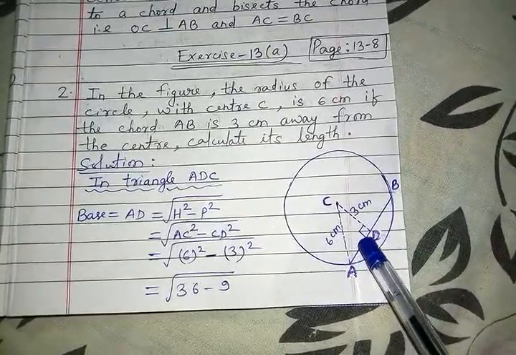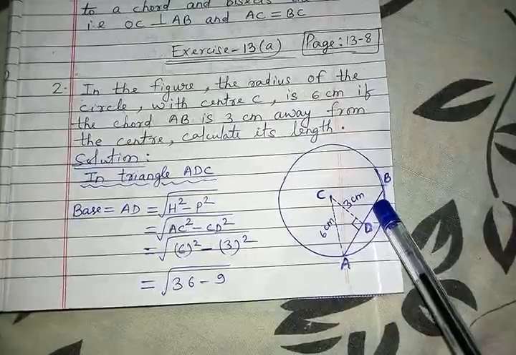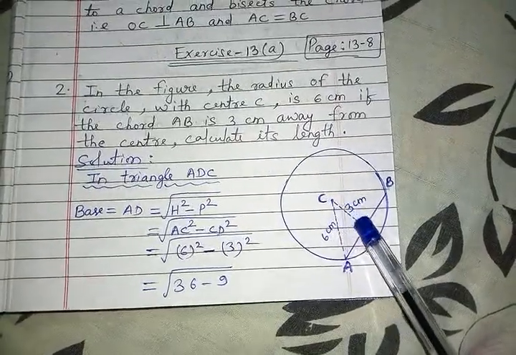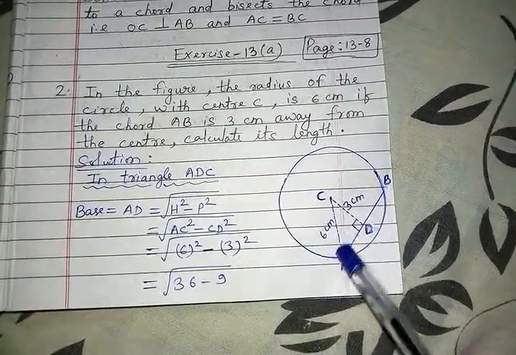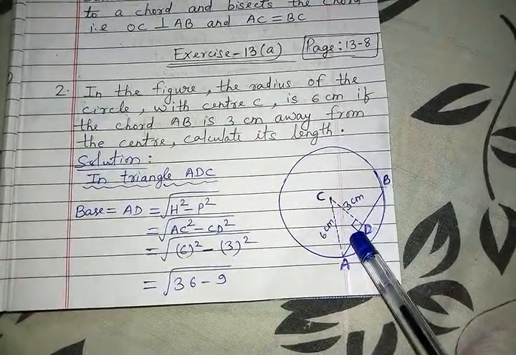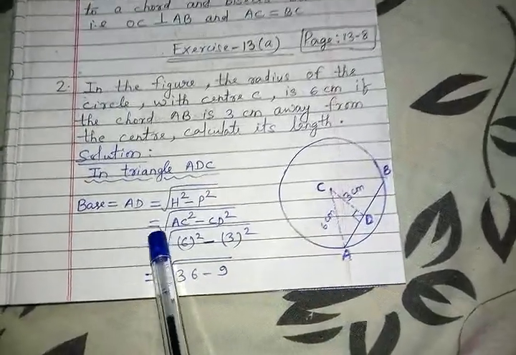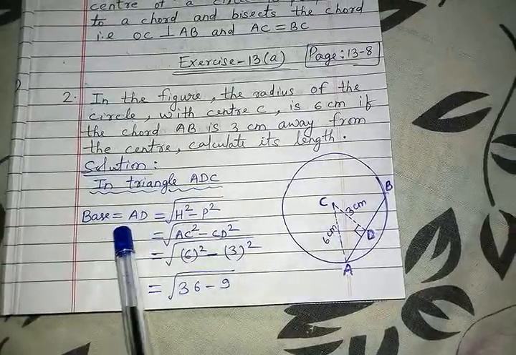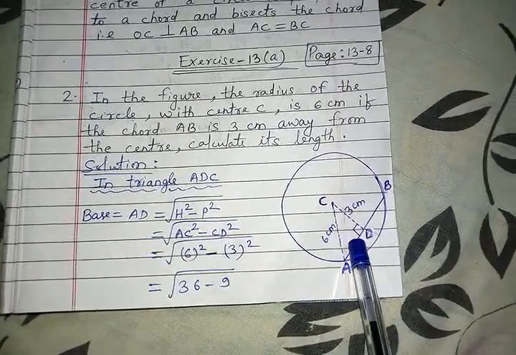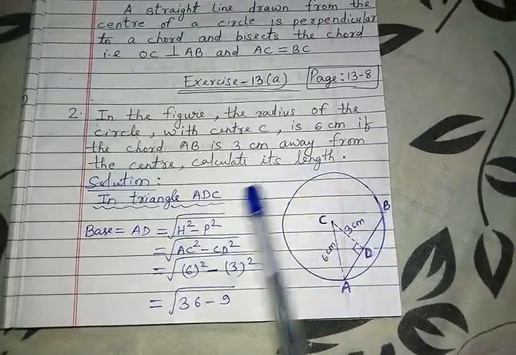Once we know this value, the same will be the value of the other part also, because as we know, the line coming from the center bisects the chord. So let us find the base. In triangle ADC, base is unknown to us, and if we know the base, we will know the chord also.